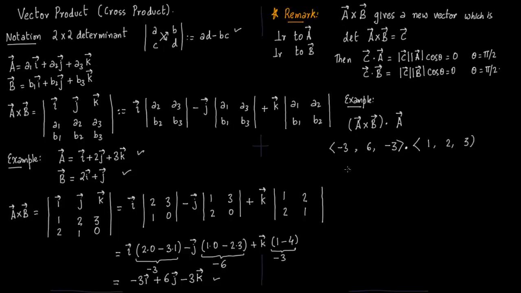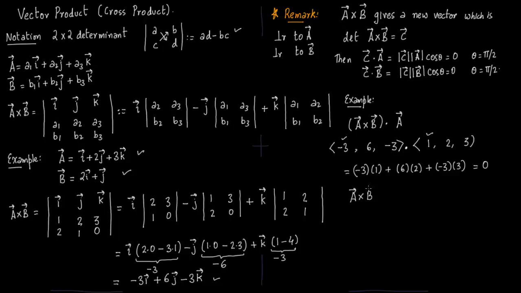Now you do the multiplication coordinate wise. Minus 3 times 1 plus 6 times 2 plus minus 3 times 3. So you get minus 3 plus 12 minus 9, which is 0.